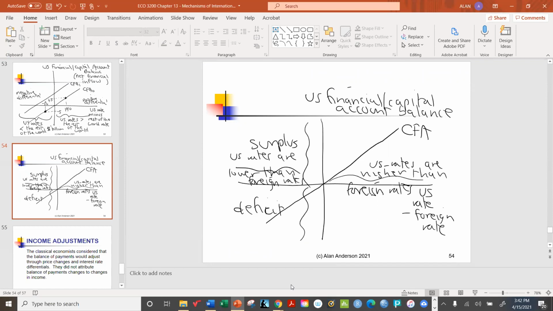So you can see the curve has a positive slope because the higher US rates go, as US rates rise, the surplus grows. All right, obviously, if we move in the opposite direction, if we go in this direction, US rates fall. Therefore, the deficit grows.